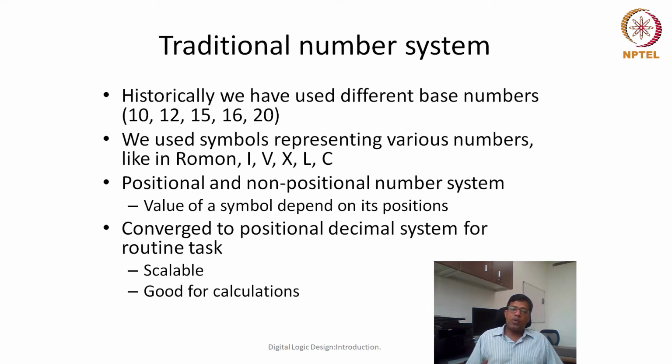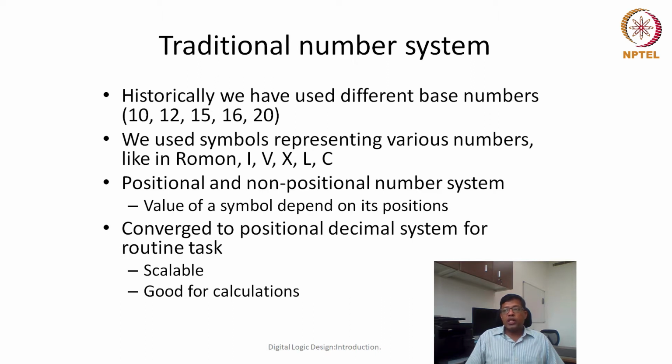Additionally, what has been observed is that for Roman numbers, or non-position based numbers, or even any number which was of a different base than 10, calculation was difficult. Like addition, subtraction, multiplication, finding square root. All of these things were slightly difficult if we were using some base other than 10.